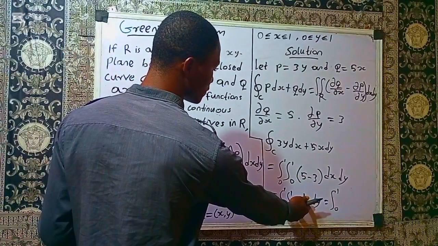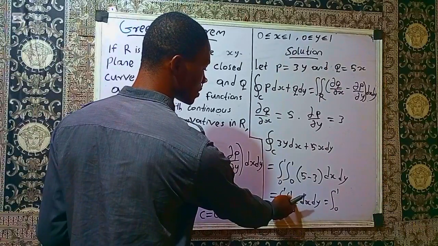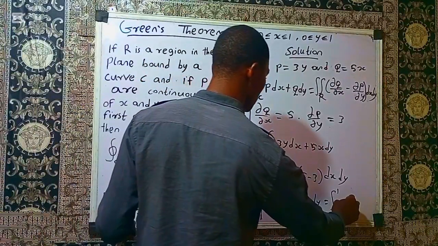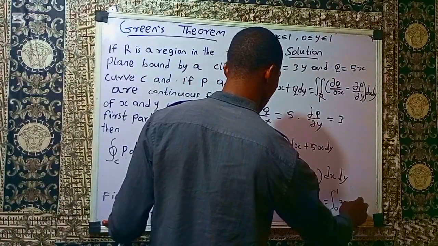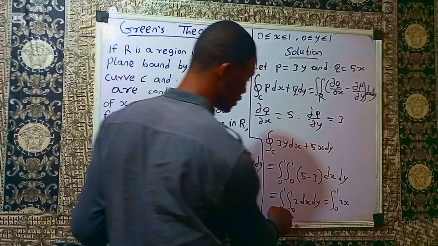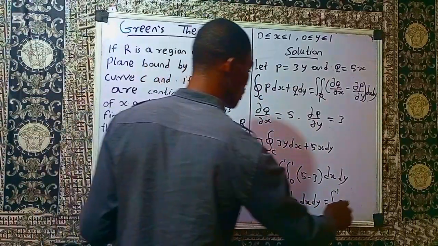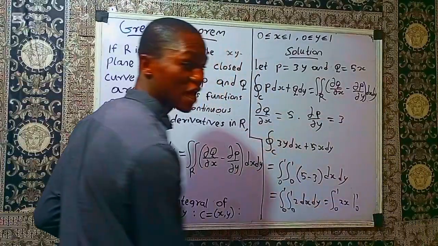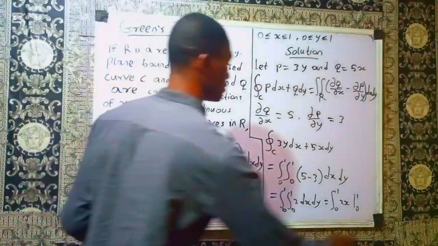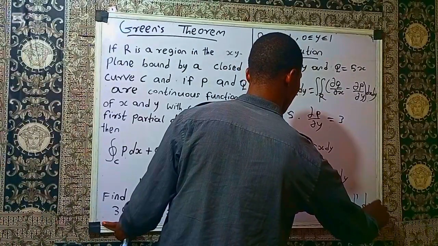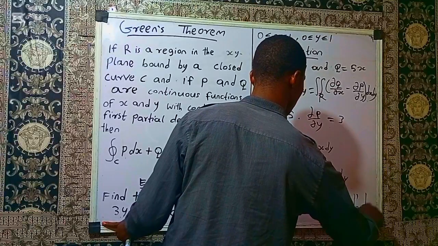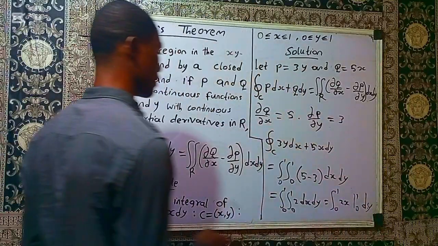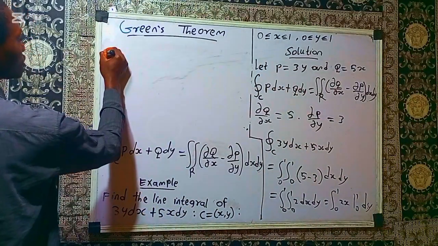So the answer is 2x, evaluated from 0 to 1. I will still have my dy, because after doing x, I will evaluate for y.